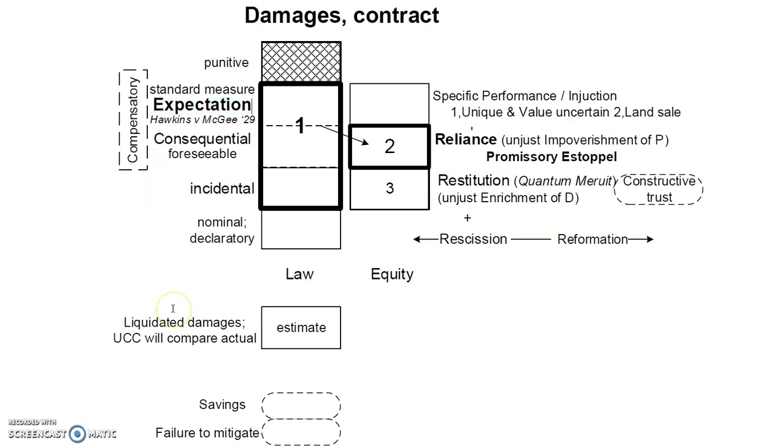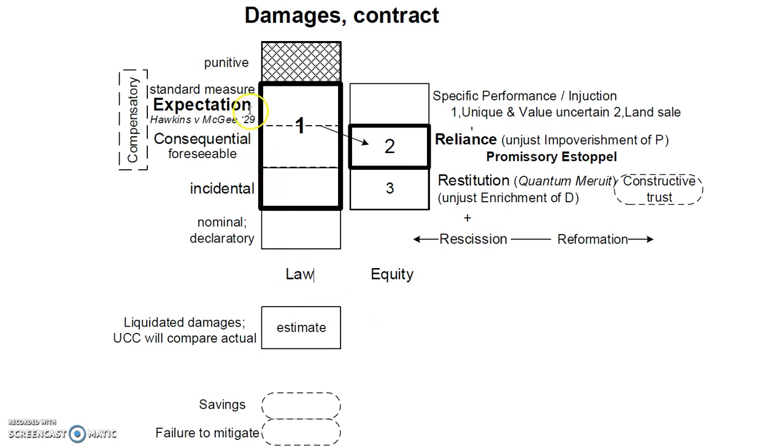So the first types of damages that a court will look to are damages at law for breach of contract, and the main block of them here is going to be shown in the bold rectangle that bears the number 1. So these types of damages at law are the ones that are first looked at as remedies.